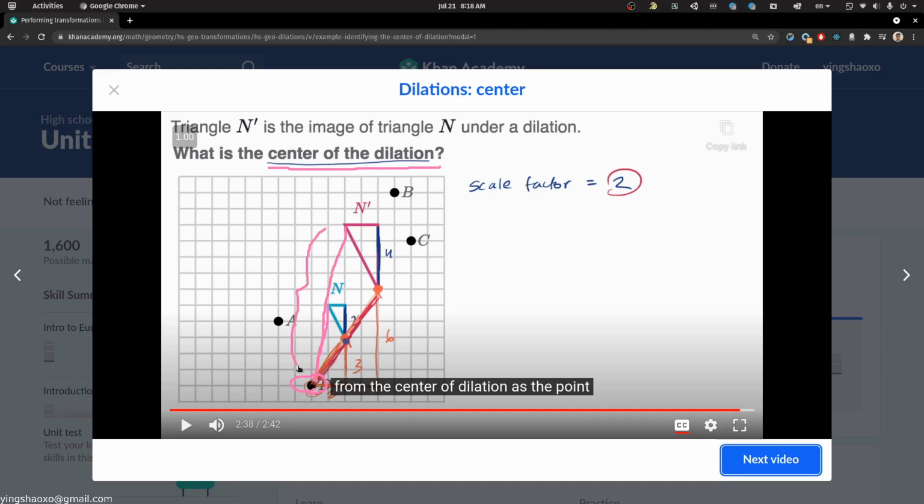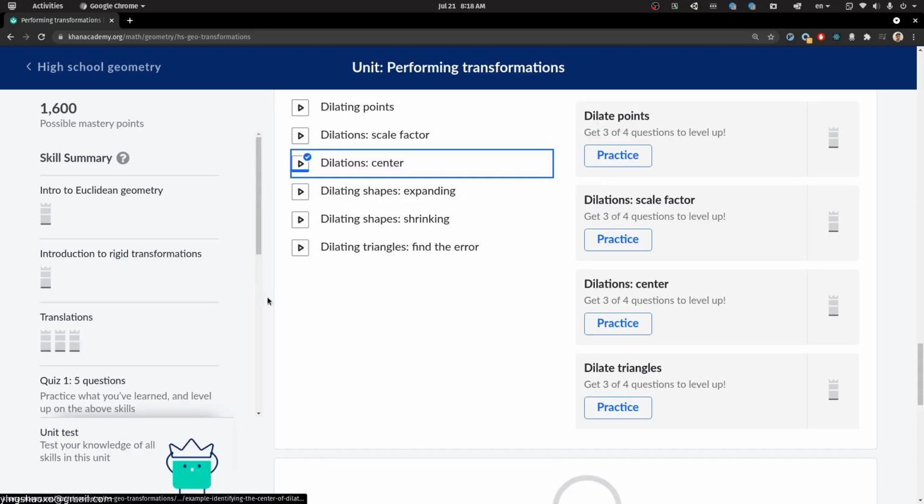For example, if the length of this is 4, then the length of this would be just 2. I hope you understand that. But I think this is probably not that useful, because I have never used it when doing game development or UI development.